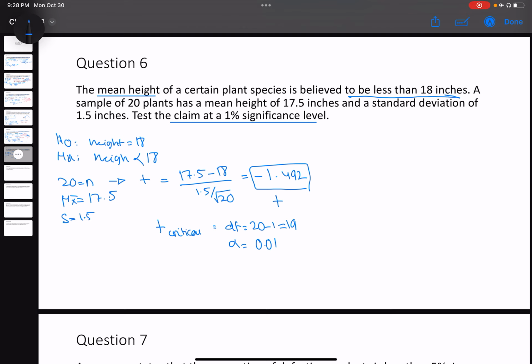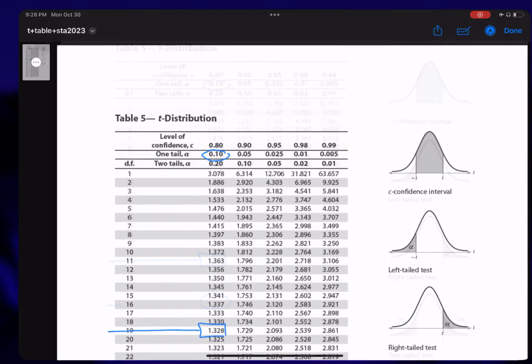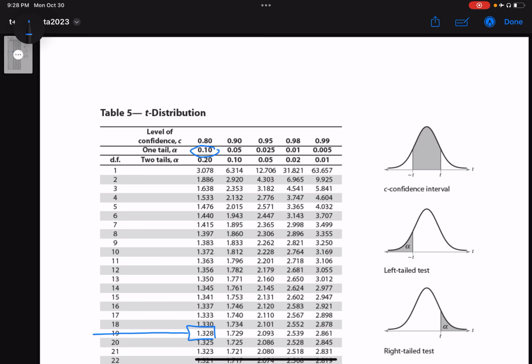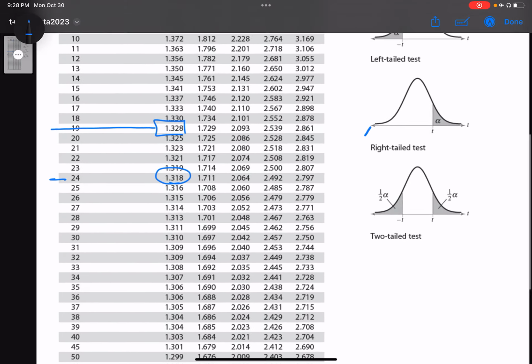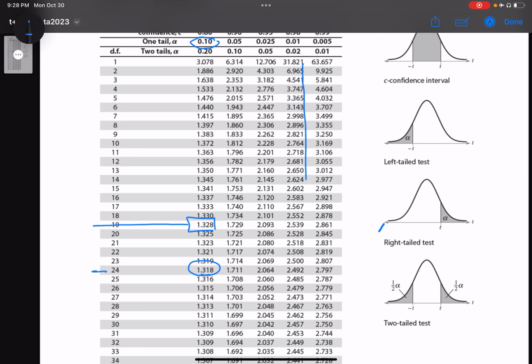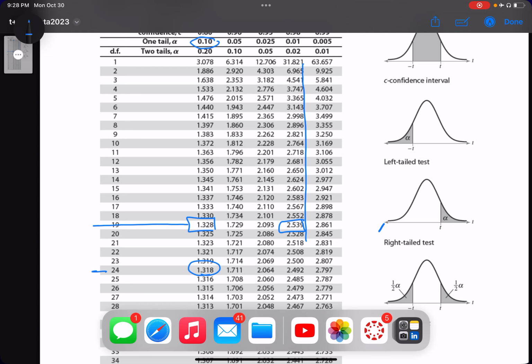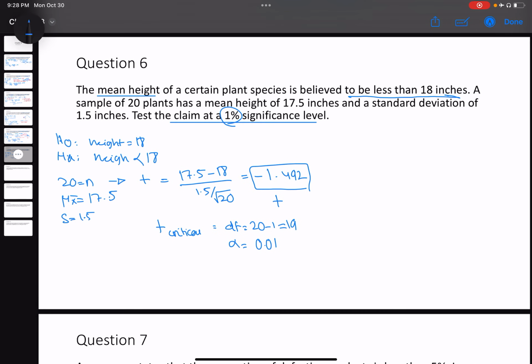Let me double check. Excuse me, at 1%, would be the other column. Basically this column. Since we're looking at a negative value, we will use the negative of the same number. T critical is equal to minus 2.539.